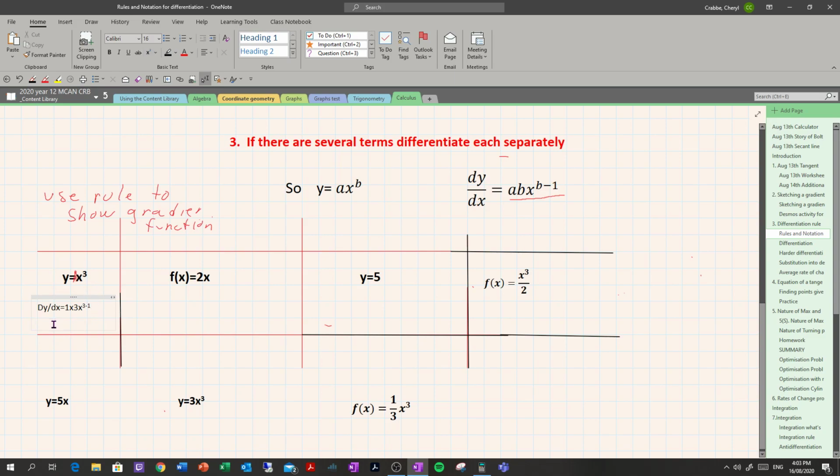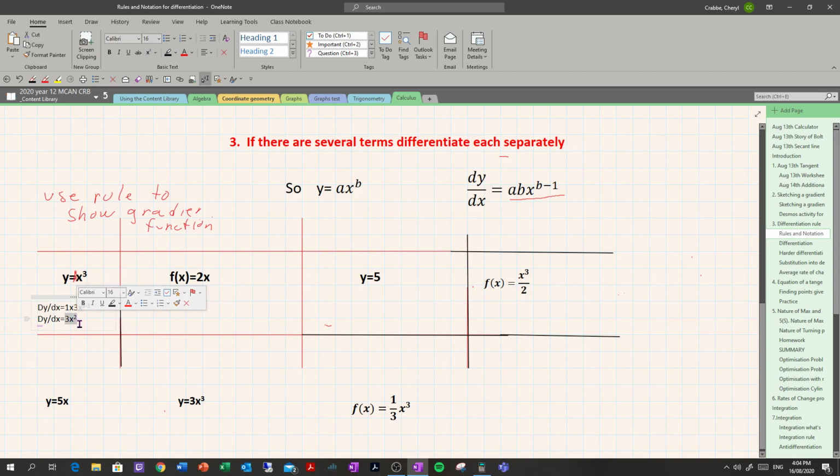So that basically becomes dy over dx equals 3x with the exponent 2. So the derivative of y is equal to x cubed becomes 3x squared.